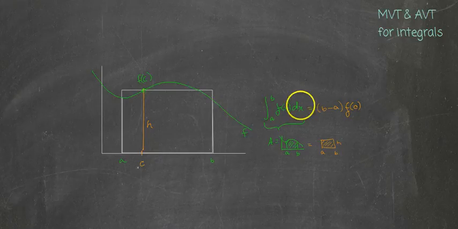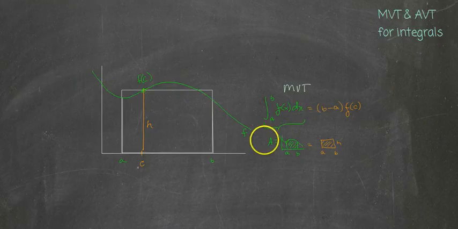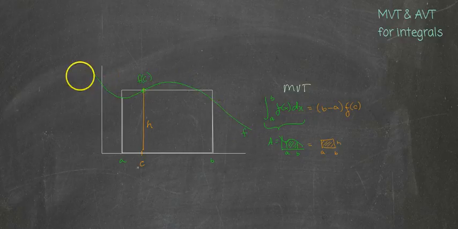This equality written here is the mean value theorem. And it says exactly what I just described, that for a curve on the interval a to b, the area calculated under the curve is equal to the area of a rectangle that has the same base, a to b, and the height of that rectangle must coincide with a point on the curve.